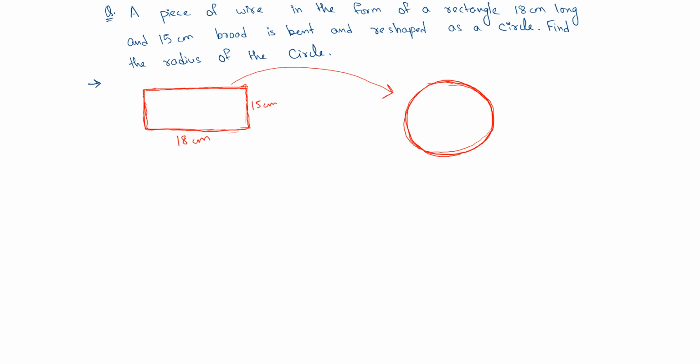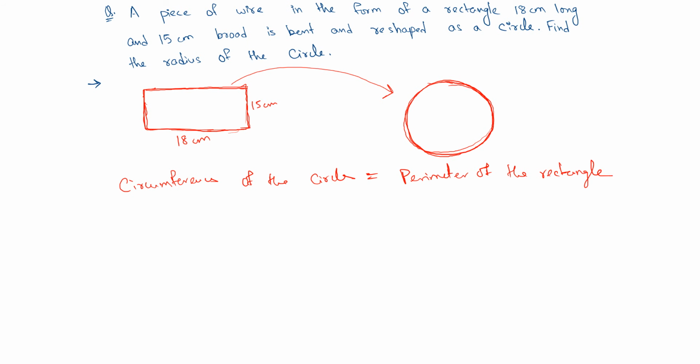That means what we have is the circumference of the circle will be equal to the perimeter of the rectangle, because the boundaries of both the figures are made of the same wire.